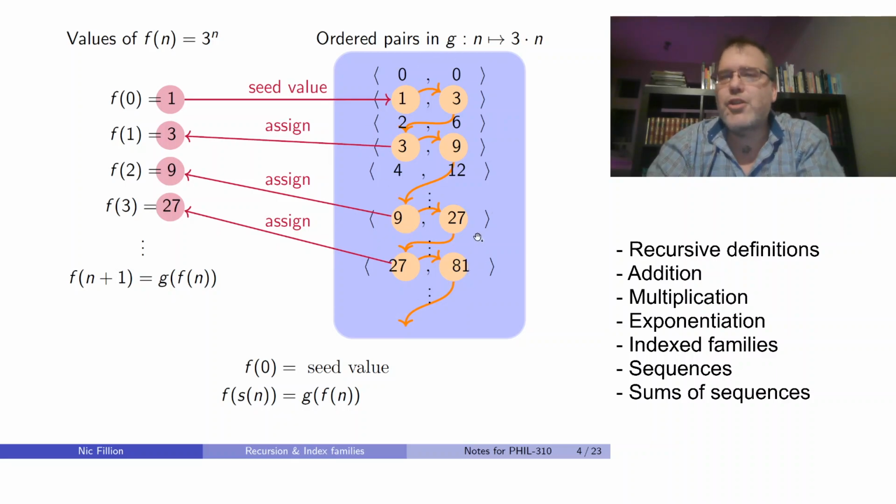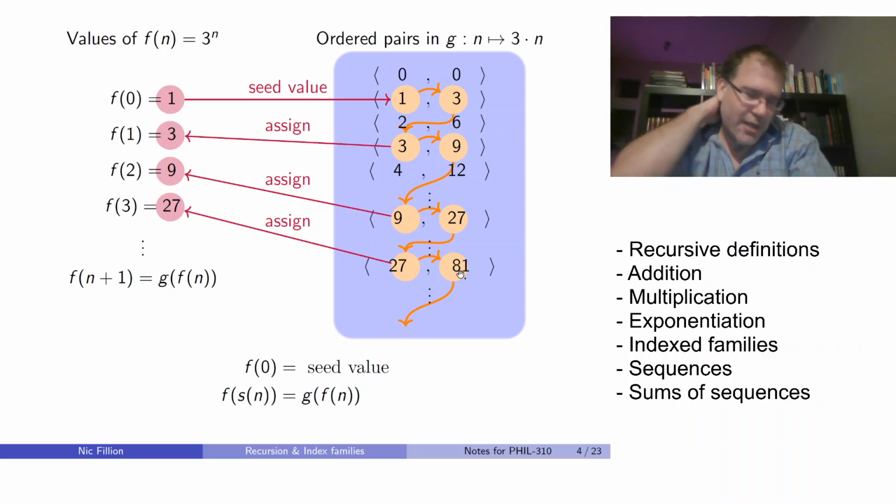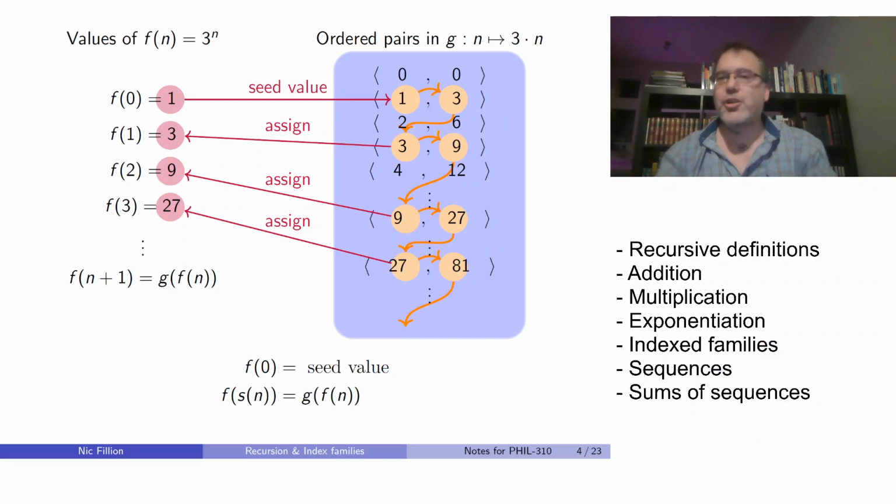And that function is assumed to be given because we have to know how we can successively apply that function. So it has to be already defined. And that's why I'm using the letter g for a function that is given, a function that is already known. So we try to define f in terms of g by recursion.